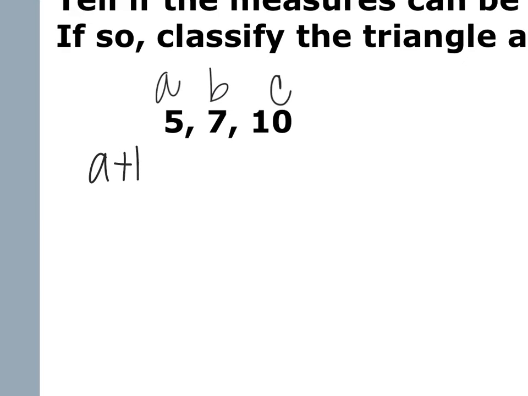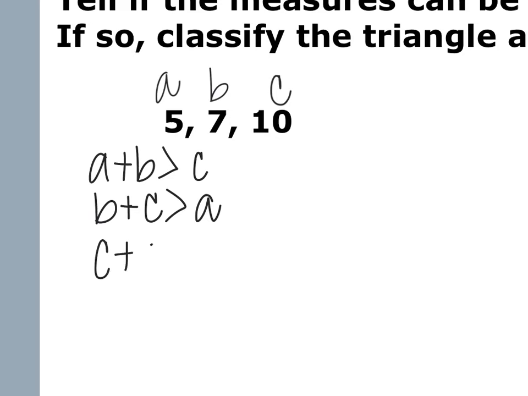Is a plus b greater than c? Is b plus c greater than a? And is c plus a greater than b? If these three things are true, we can have a triangle.